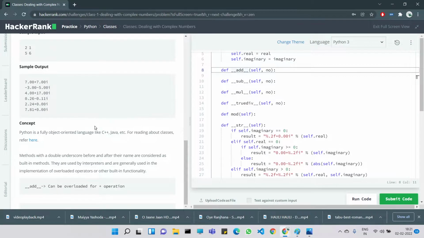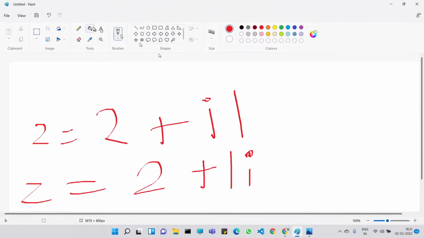So let's now look at the addition of these two. First we have the addition, right? So yeah, let's look at the addition part.